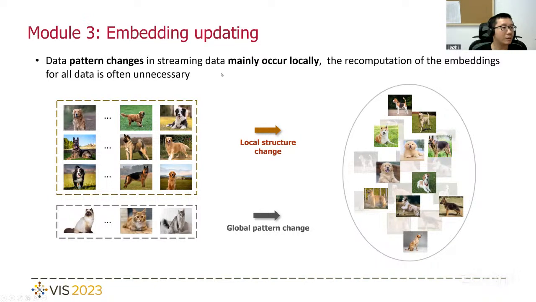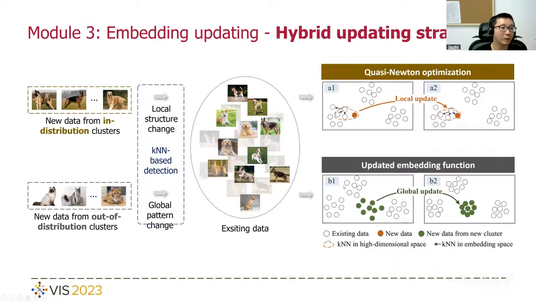And for the embedding updating, the data pattern changes in streaming data mainly occur locally. The recomputation of the embedding for all data is often unnecessary. Therefore, we introduce a hybrid embedding updating strategy.